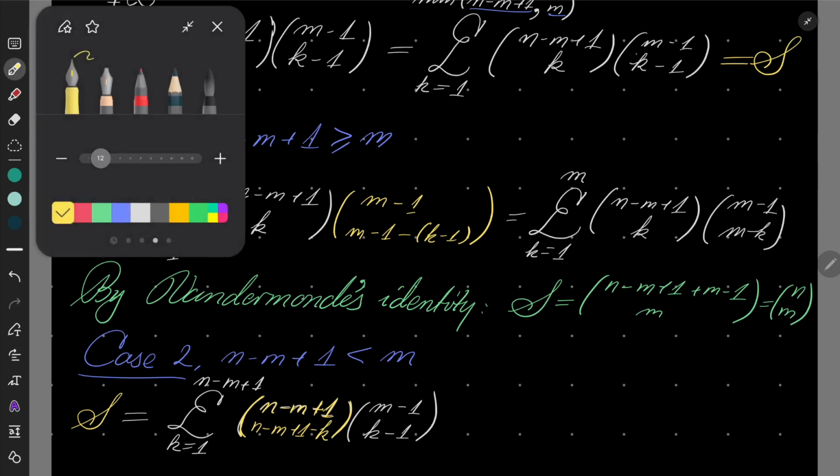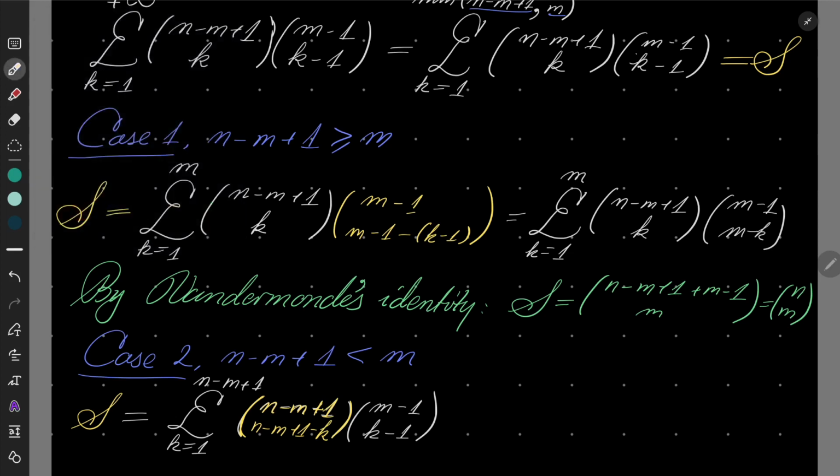Okay, and now again we have a perfect setup for our Vandermonde identity. We just add upper indices over this sum. Oh no, one more thing. Yes, one more thing before we go.